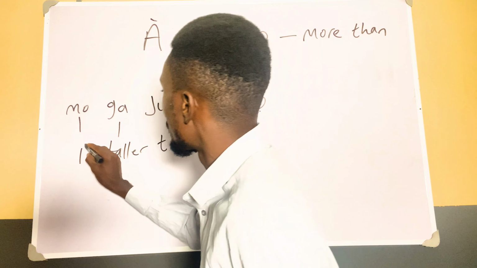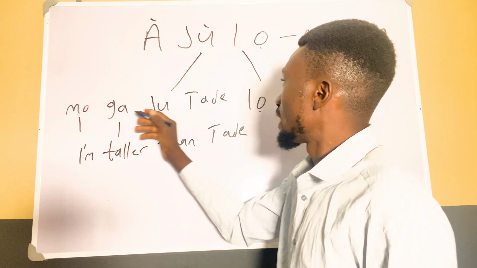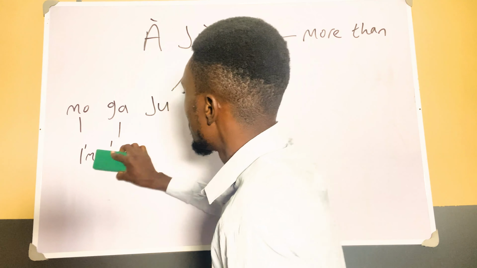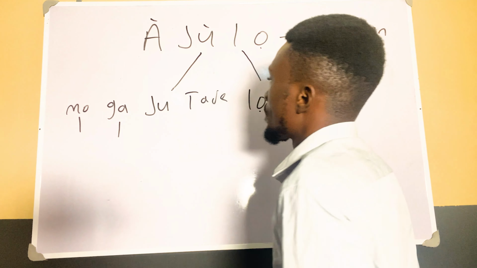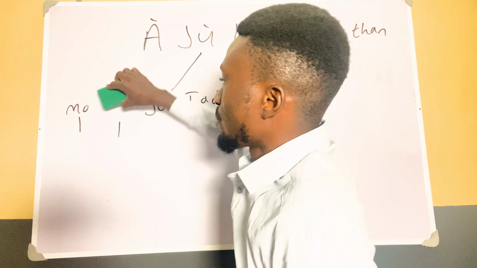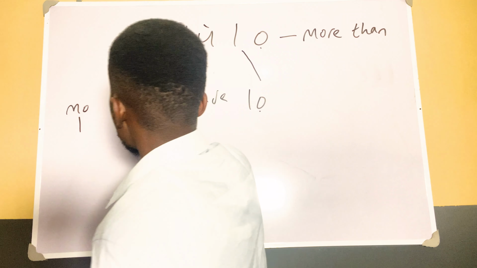I am taller than tade. So that's just it. Moga ju tade lo. I'm taller than tade. So you can have different things here. You can say, if you are talking about beauty, like you are beautiful, you can say morewa.